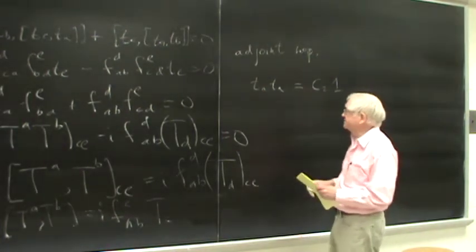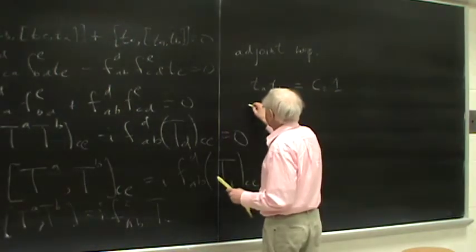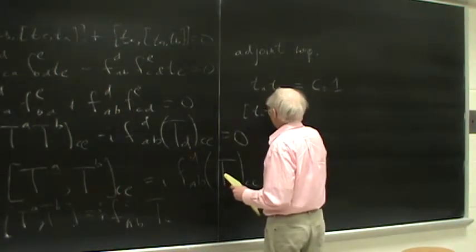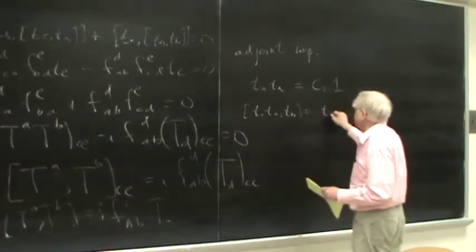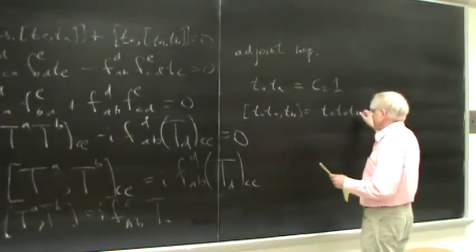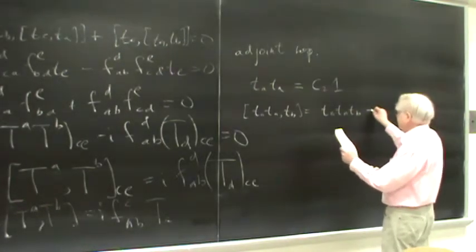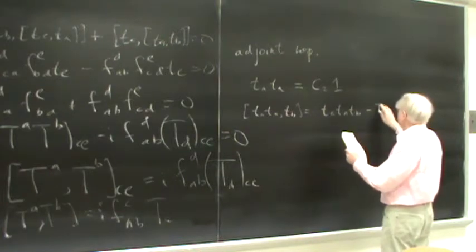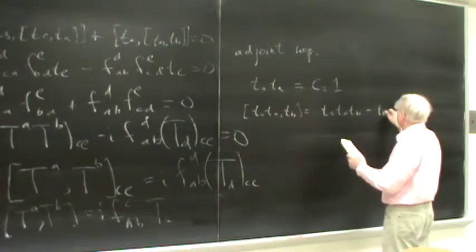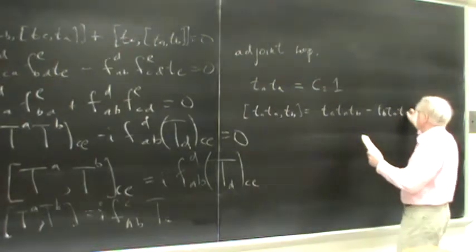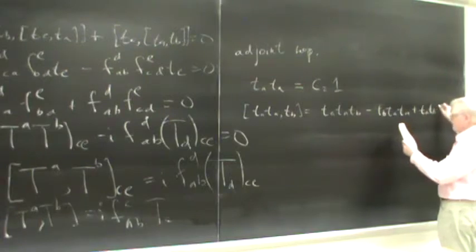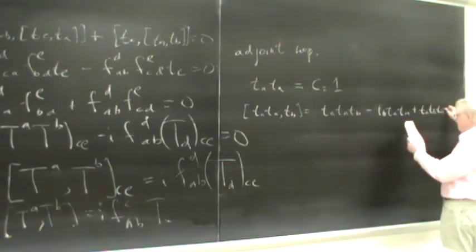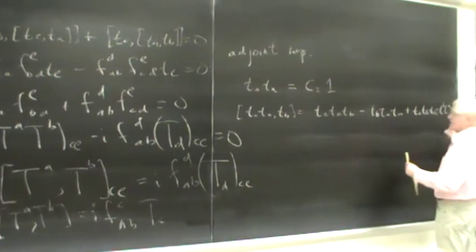Now, why is this true? Well, if you take the commutator of the sum, TA with, say, TB, what do you get? Well, you get TA, TB minus TA, TA, plus TA, TB, TA, minus TB, TA, TA.